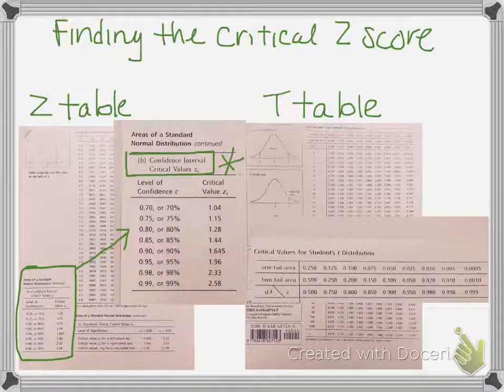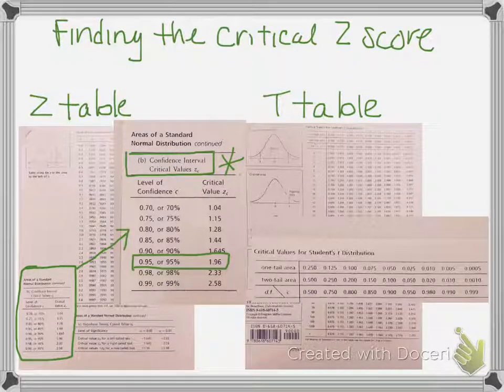You don't need to look them up in the chart. They have them posted separately for you. So all you have to do is look for the percentage you need for your confidence level, and you can look off to the side for the related confidence Z. For our question, we know that we need 95%. We just look for 95%, which is right here, and our Z-score will be 1.96.